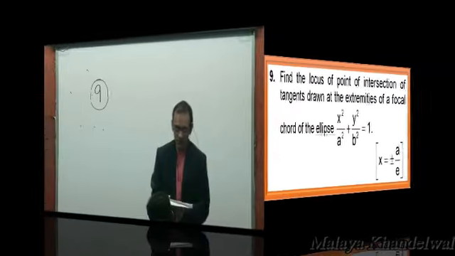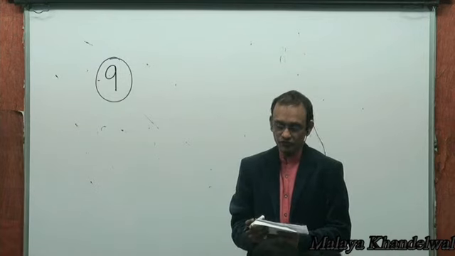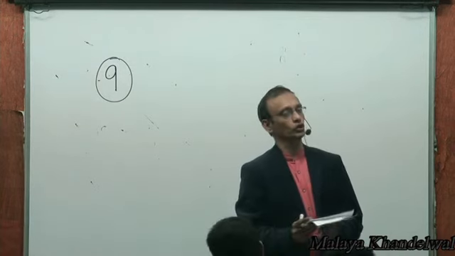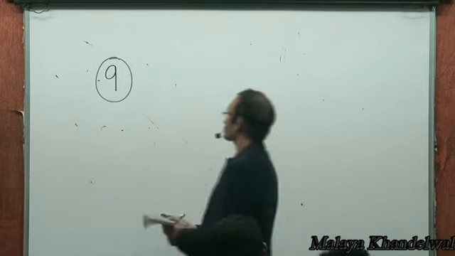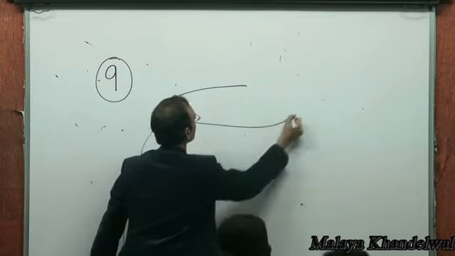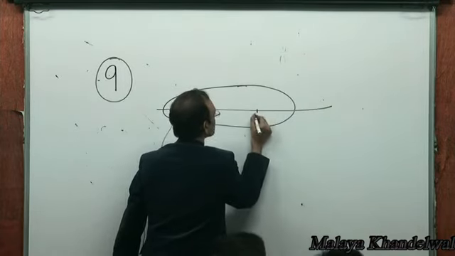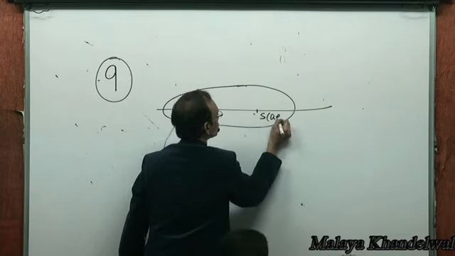Number 9. Find the locus of the point of intersection of tangents drawn at the extremities of a focal chord of an ellipse. No, I don't think I did this in the class. So this is a focus S, (ae, 0).